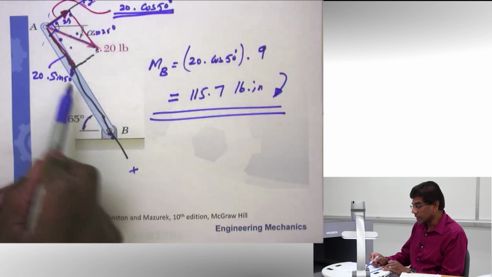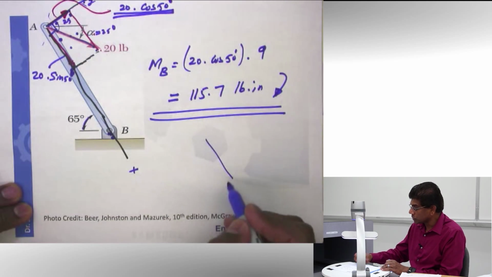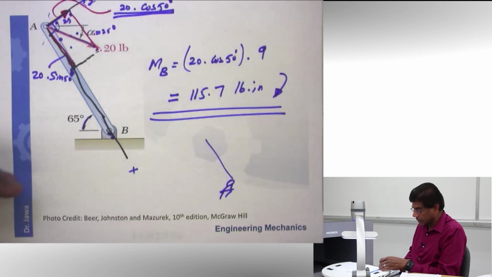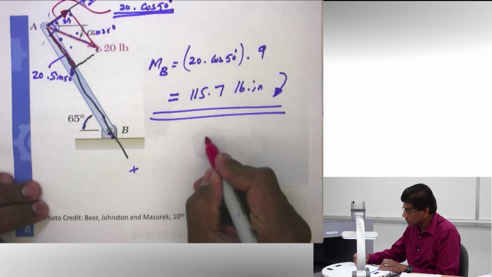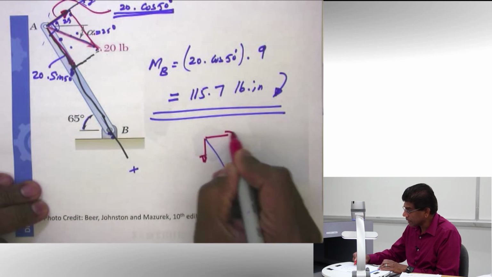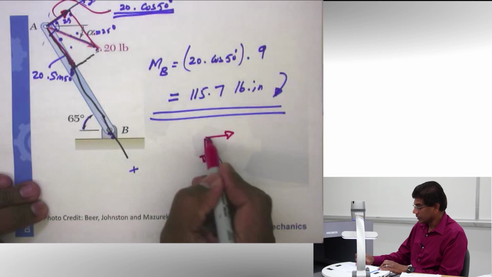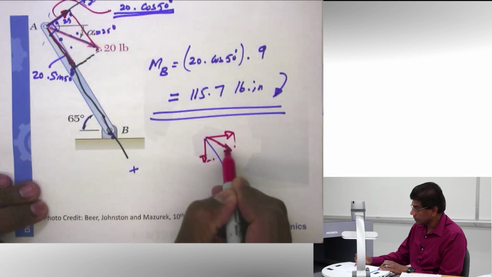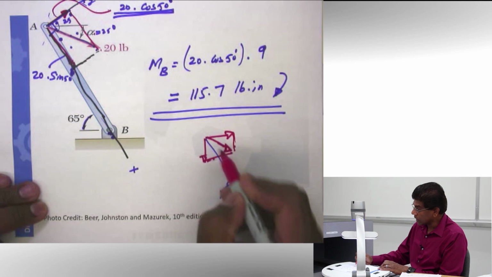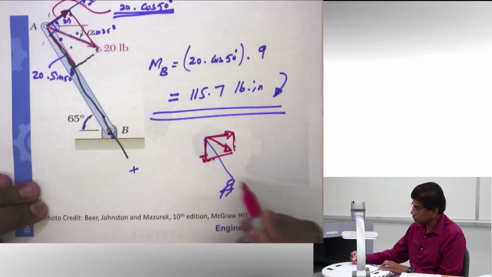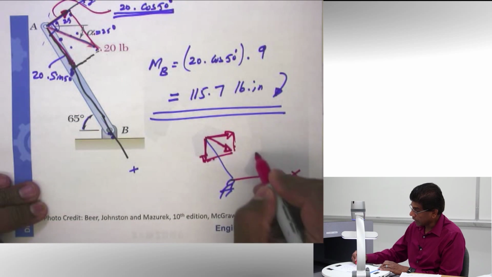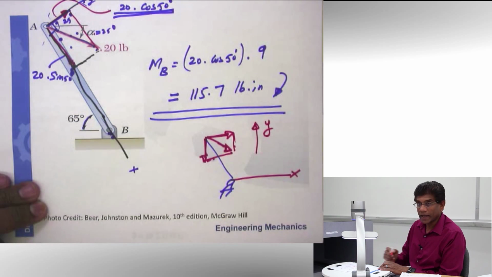One word of caution here, instead of resolving this force along this axis, some of you may decide, I am going to resolve it like this. So this is your real force, and you are trying to resolve it along this as your x-axis, and this as your y-axis.